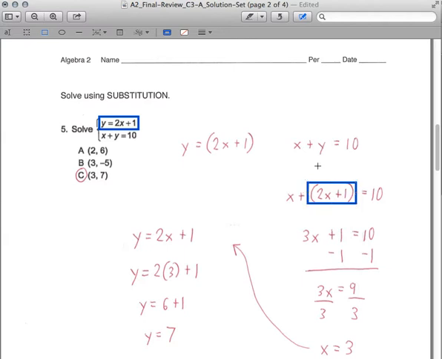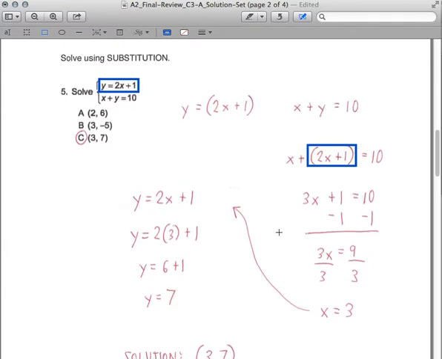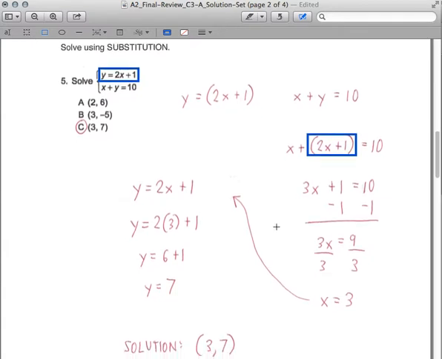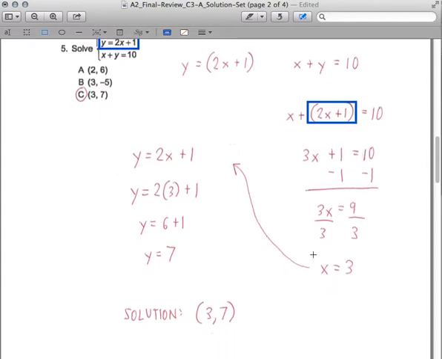So instead of x plus y equals 10, we have x plus 2x plus 1 equals 10. That allows us to actually get a value for, in this case, x. Again, we combine like terms, solve for the variable, and we see that x equals 3.